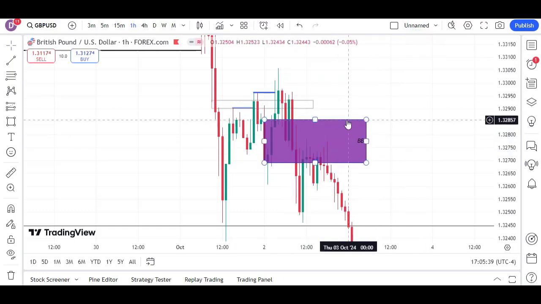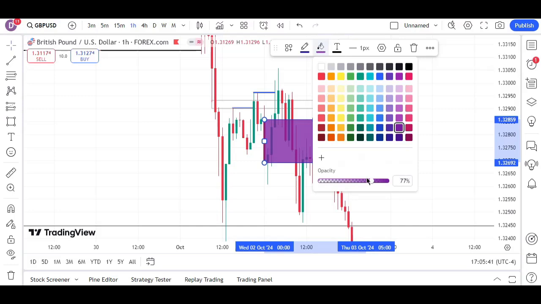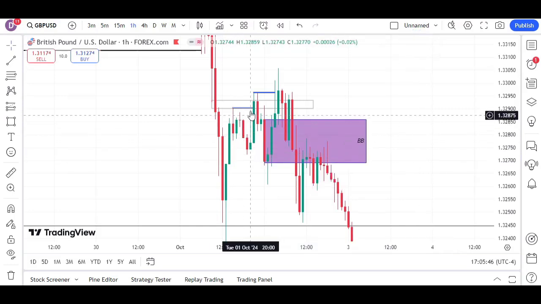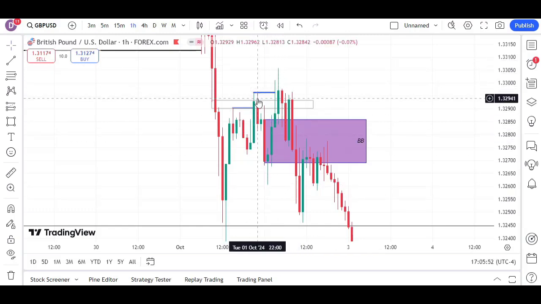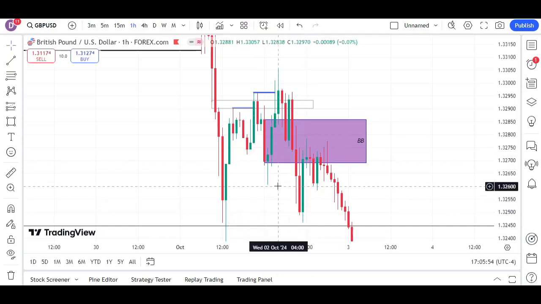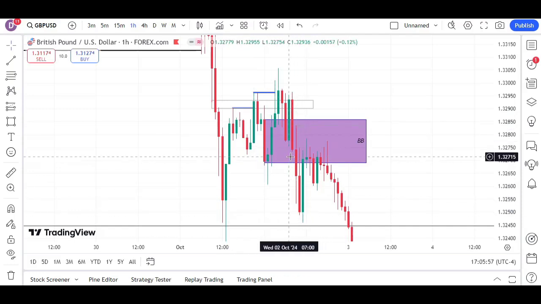So this is a typical ICT bearish breaker block. When we have a high, then a low, then a higher high, this high is higher than this high, and then this low is lower than this low. That is a typical ICT bearish breaker block.